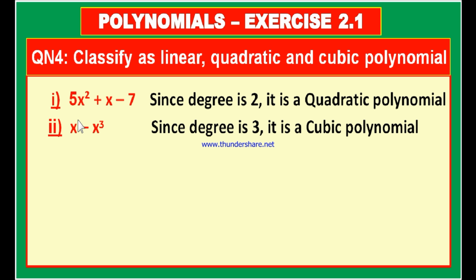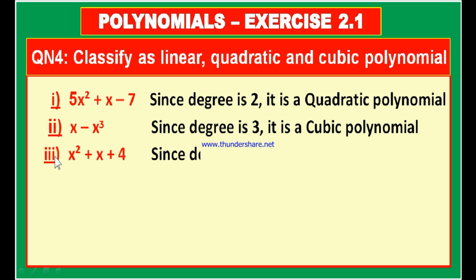The exponent of x is 1, and the exponent of x cube is 3. Therefore, the highest exponent is 3 and the degree of this polynomial is 3. Since the degree is 3, it is a third degree polynomial, which is called a cubic polynomial.